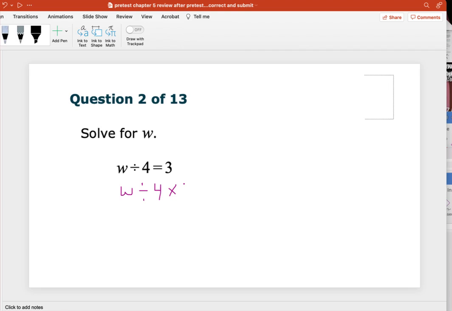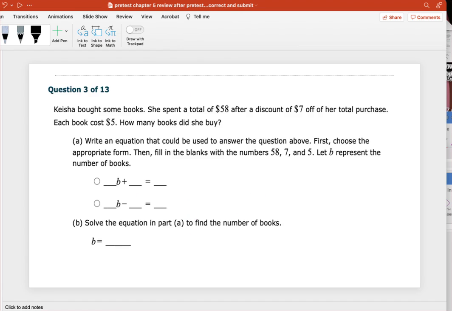We're just going to multiply both sides by 4, and that is using the multiplication property of equality. So now this is going to cancel out, and we just have w equals 12. And you can see that if you put the w back in, 12 divided by 4 is 3.